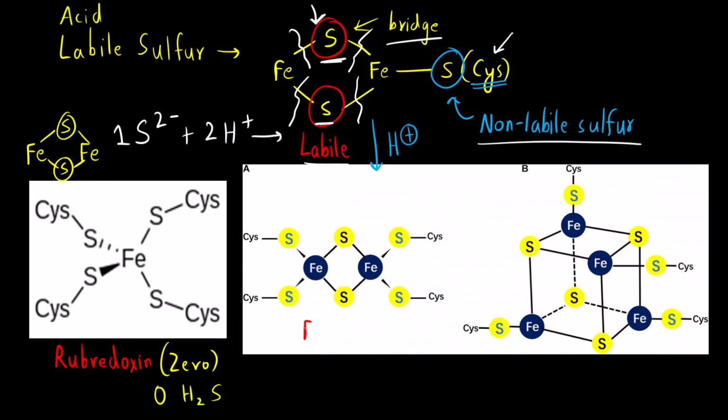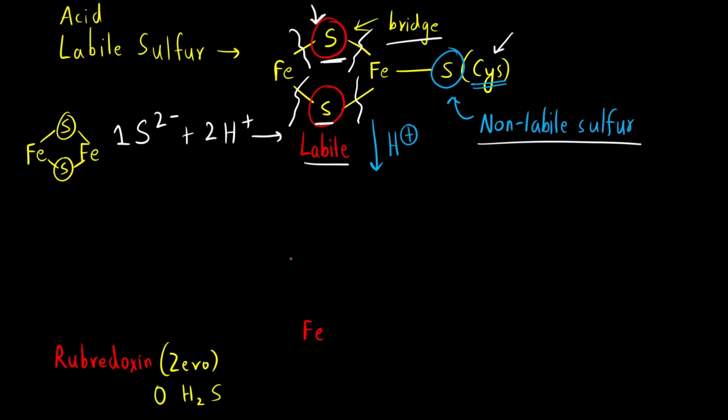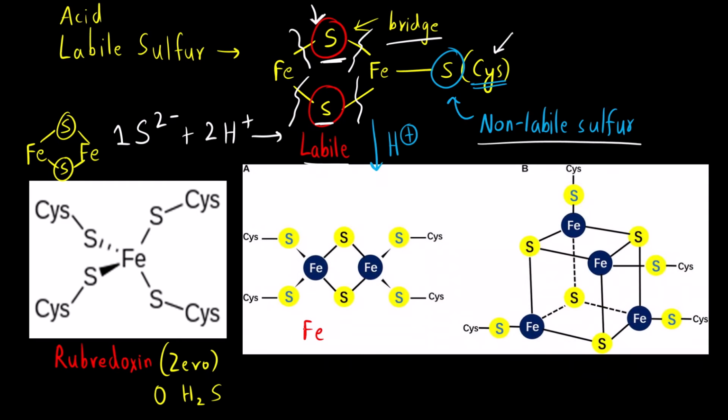The name of this first one is 2-Iron-Ferredoxin. Here you can see there are 2 iron atoms, and which are the labile sulfurs?